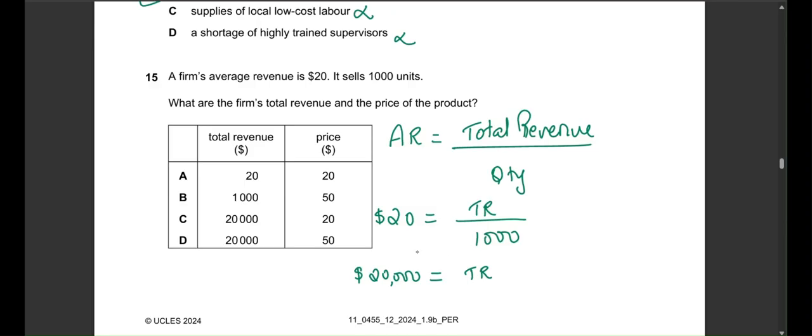Just do a cross multiplication. 20 into 1000 will give you 20,000. So the firm's total revenue would obviously be 20,000, and the price. Always remember, your average revenue is nothing but the price. I'll also explain how. So the right answer would be option number C.